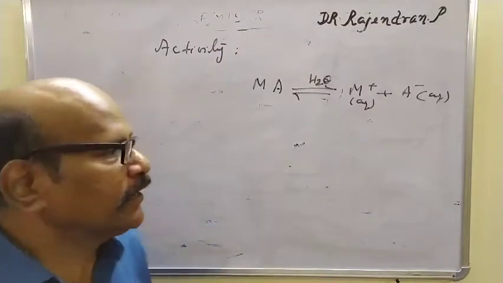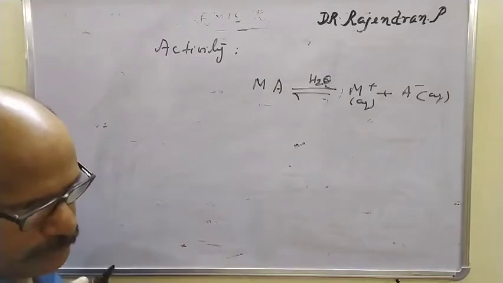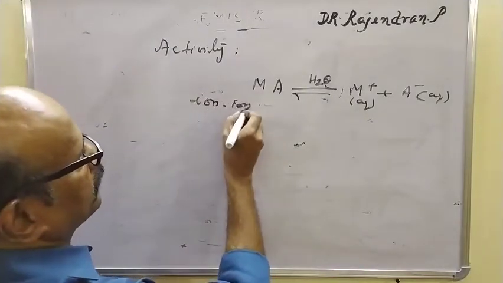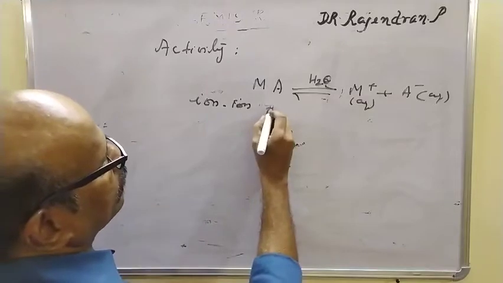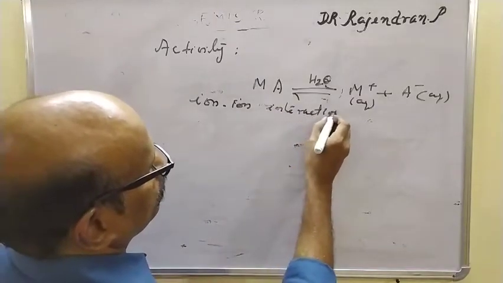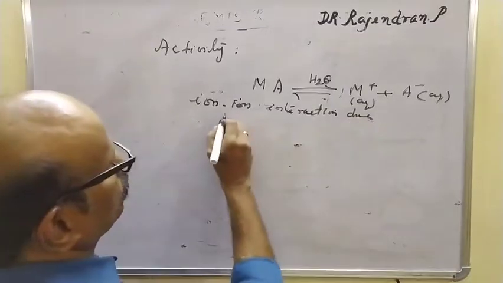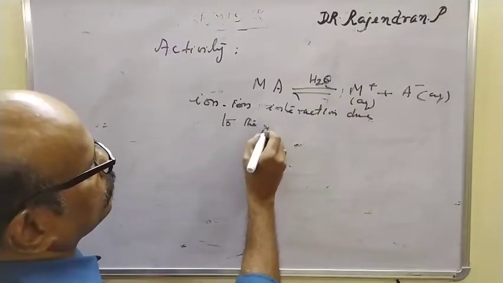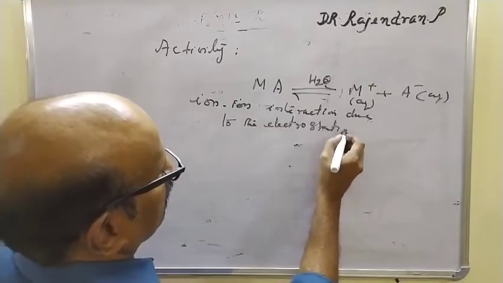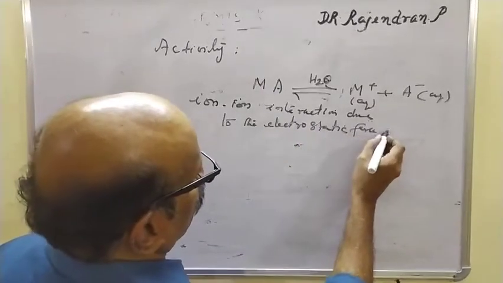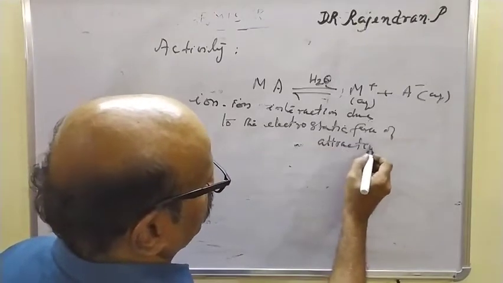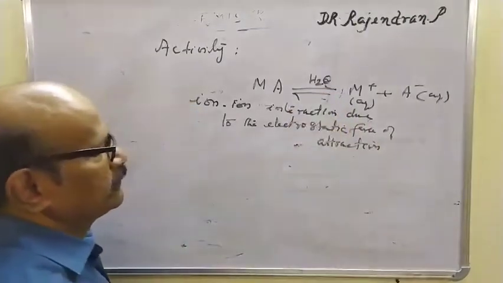Because of the ion-ion interaction, in the aqueous solution of the electrolyte there is ion-ion interaction due to the electrostatic force of attraction. It is easy for you to consider.